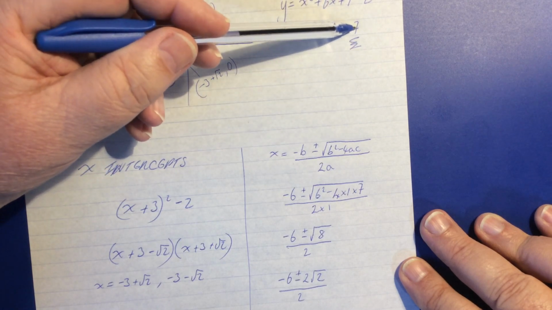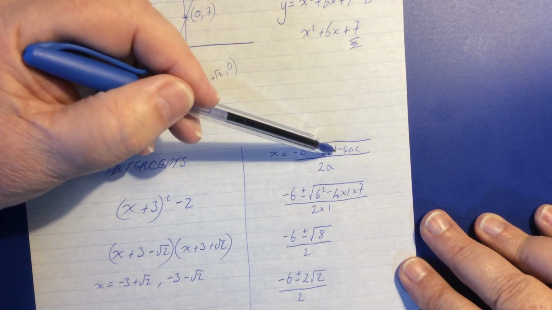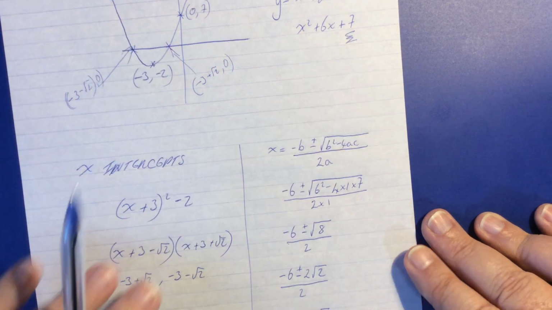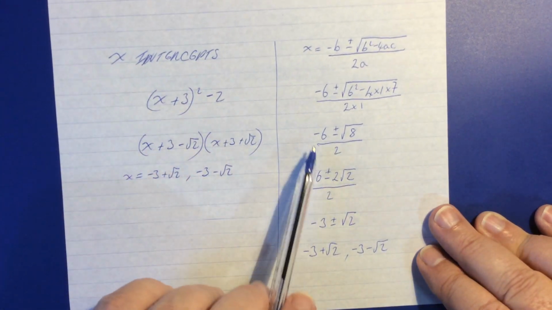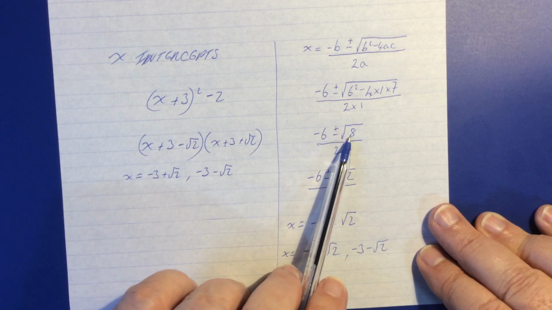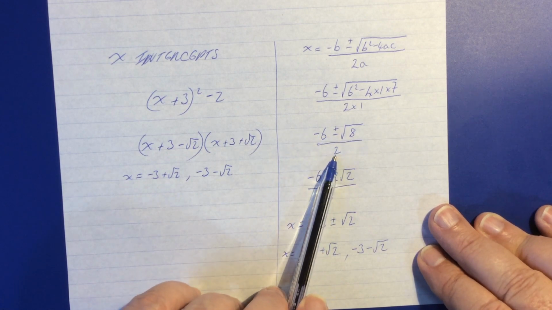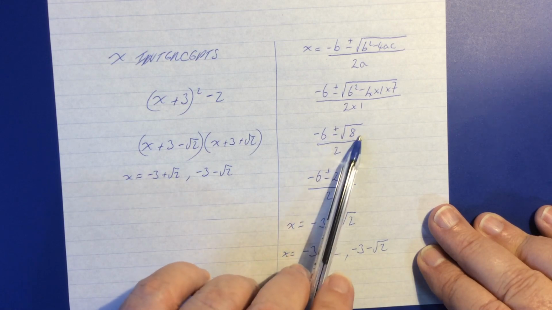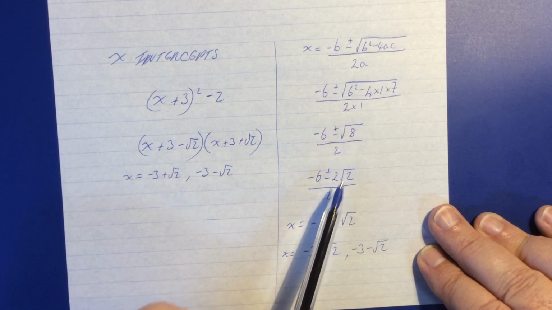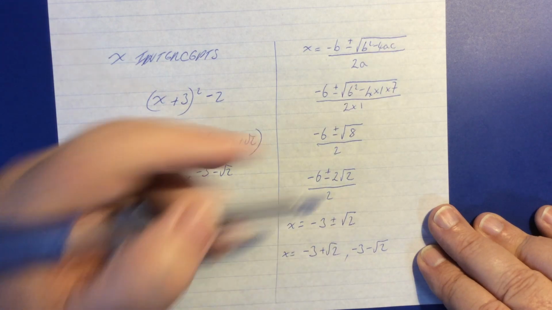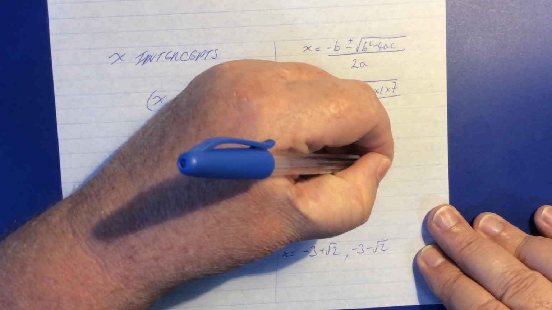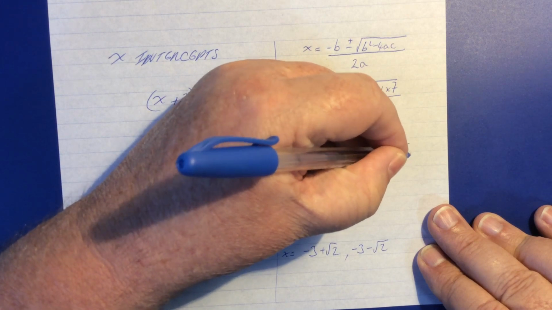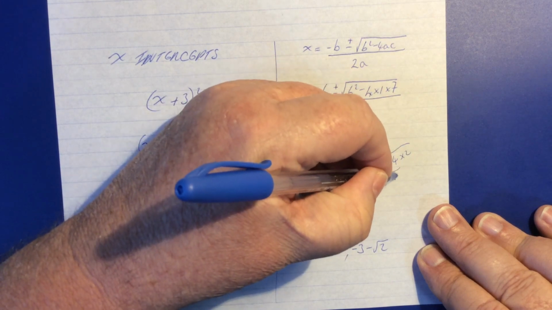And c is 7, so b squared minus 4 times 1 times 7, which I have here. And when I tidy that up, I get negative 6 plus or minus root 8 over 2. I can simplify this surd to 2 root 2, which I'll just do on the side here. So that is the square root of 4 times the square root of 2.